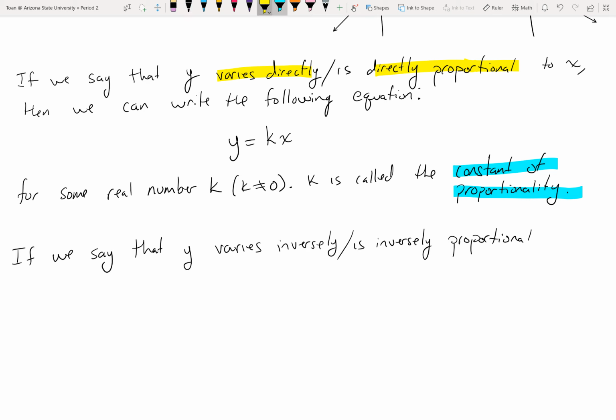So those are the key trigger words. Varies inversely or inversely proportional to x, then we can write the following equation.